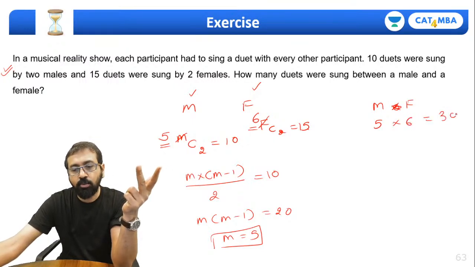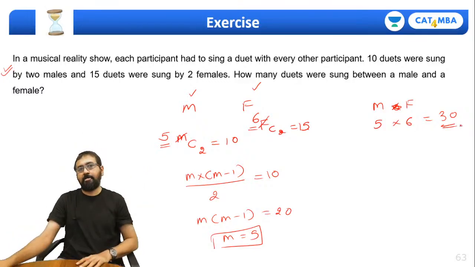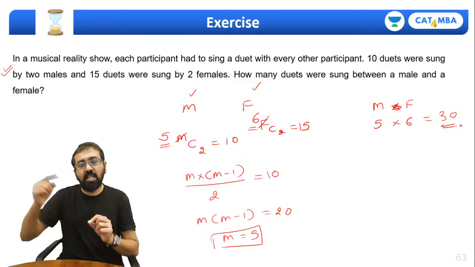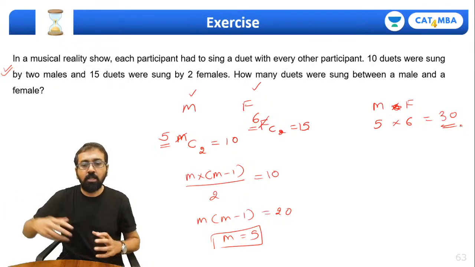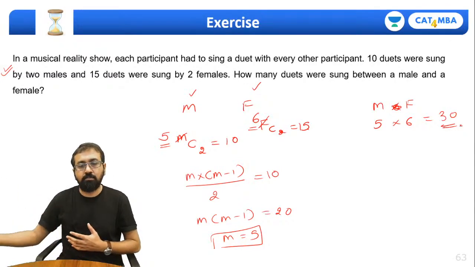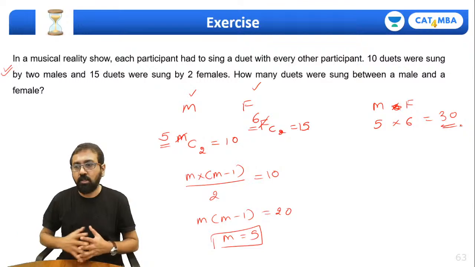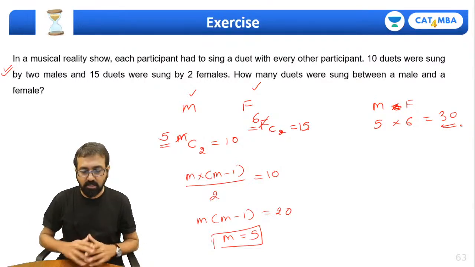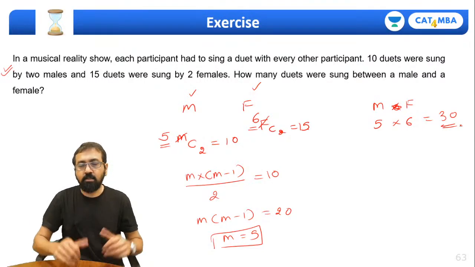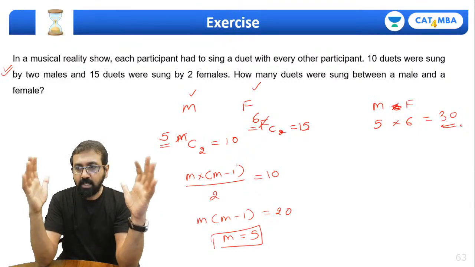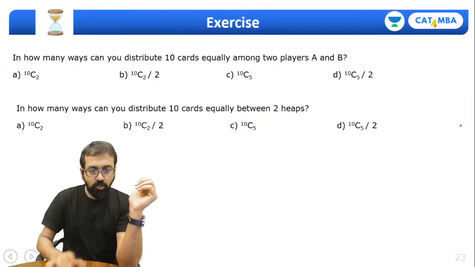So 30 duets will be sung. Each male sings one song with every female, so 5 into 6, 30 duets. Guys, clear up to this point? Okay, so let's go ahead.